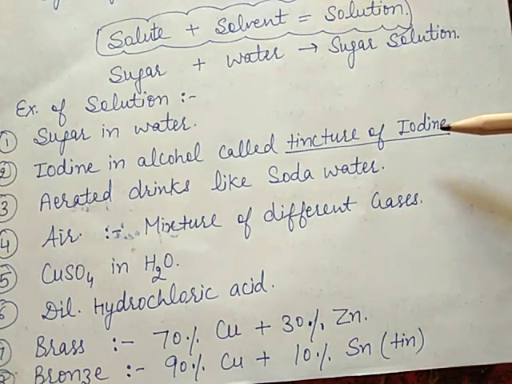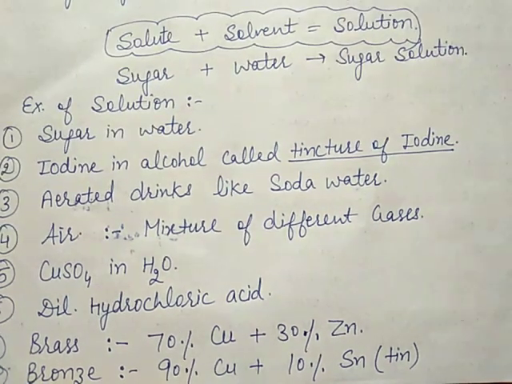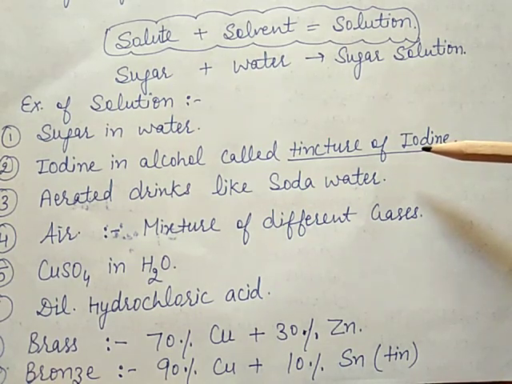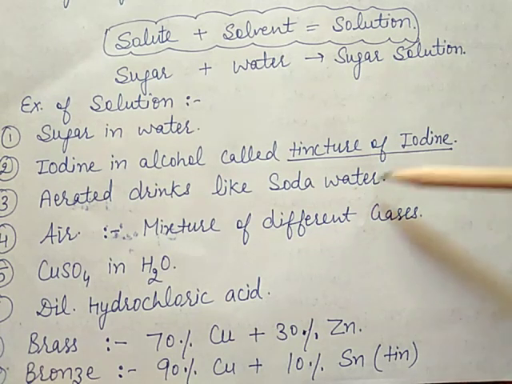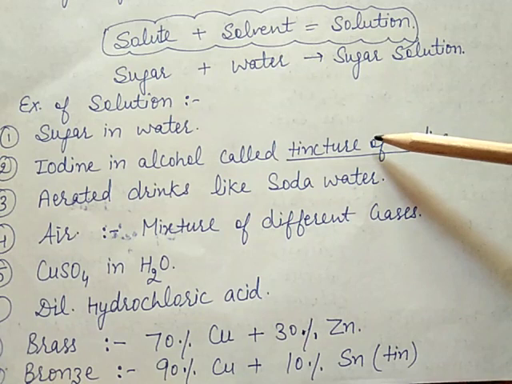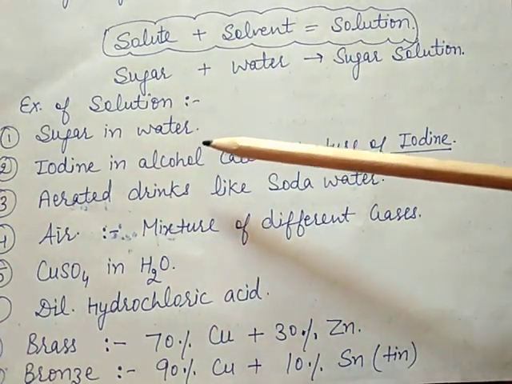Antiseptic means which kills or inhibits the growth of microorganisms like germs, bacteria, etc. So it acts as an antiseptic agent. It is an example of solid in liquid solution.